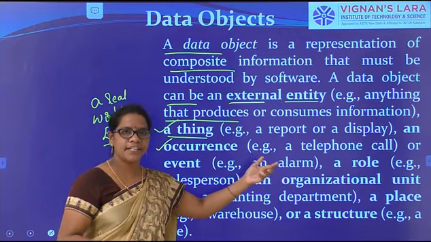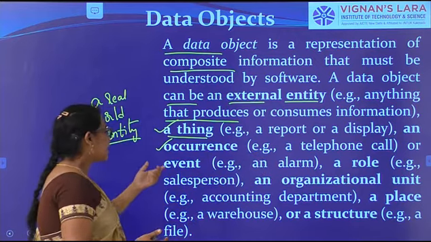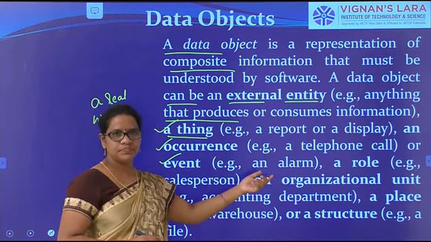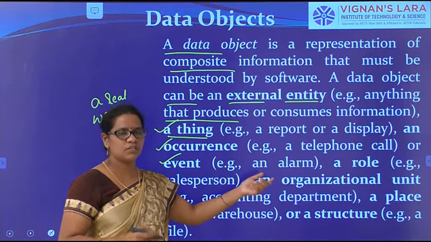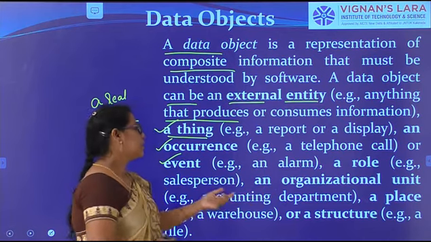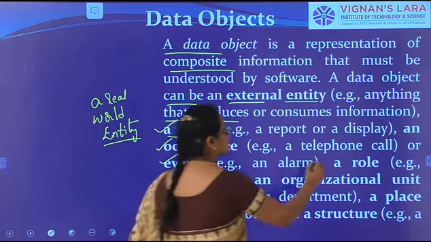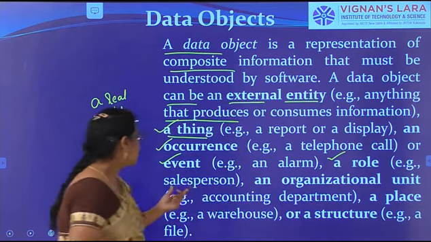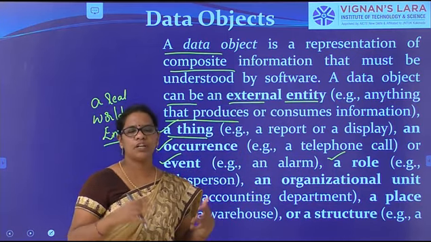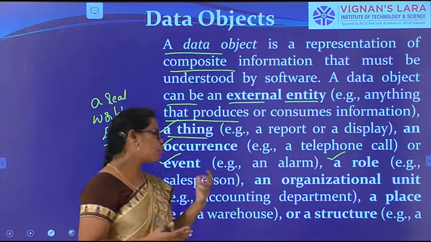That is also one entity. Or an event, for example an alarm. An event is like some action going on over there. Next is a role, for example salesperson, computer programmer, software engineer or teacher, whatever it is, some role.